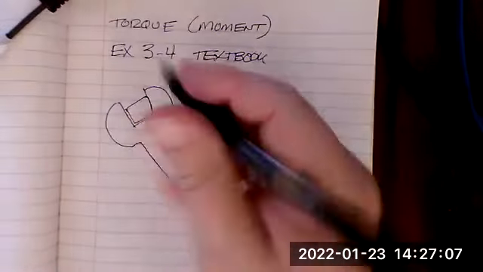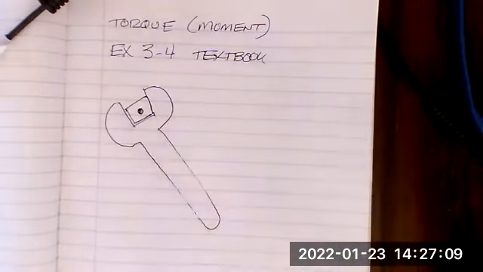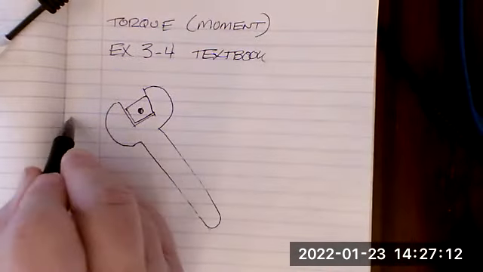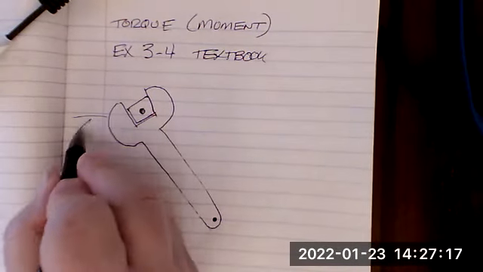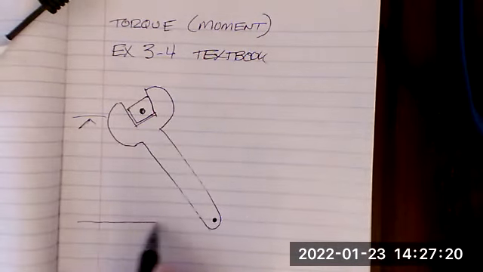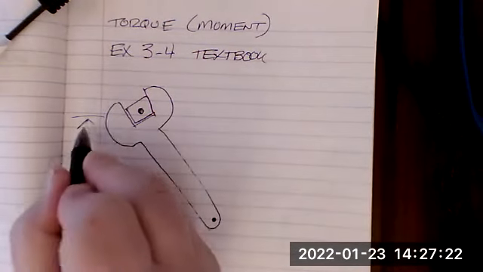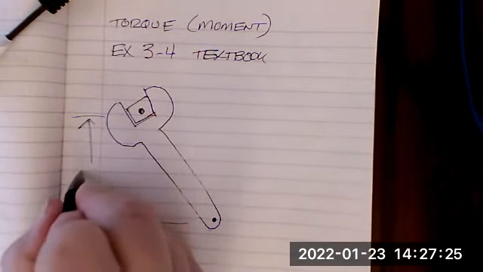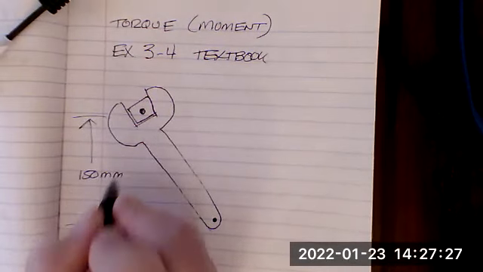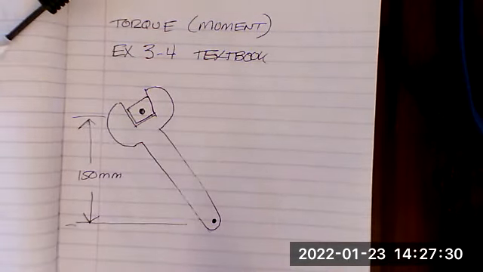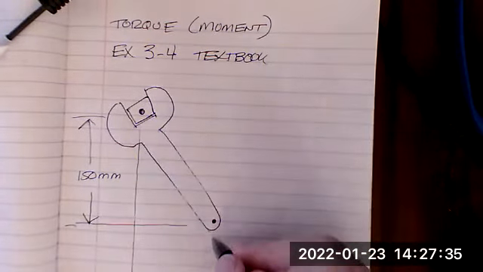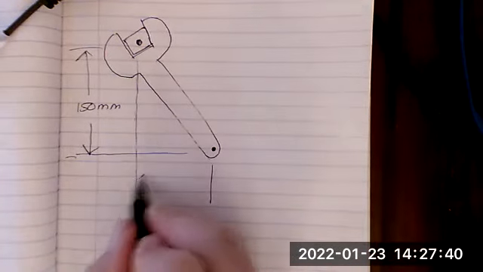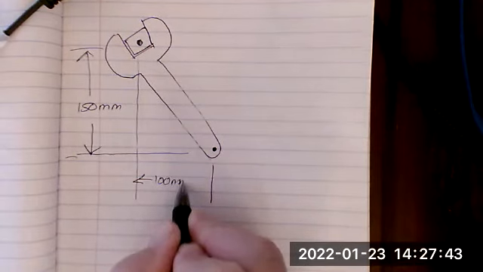Now, this is the center of the bolt right here, and this distance right here to the point on the wrench handle is 150 millimeters. Okay. And this distance right here is equal to 100 millimeters.